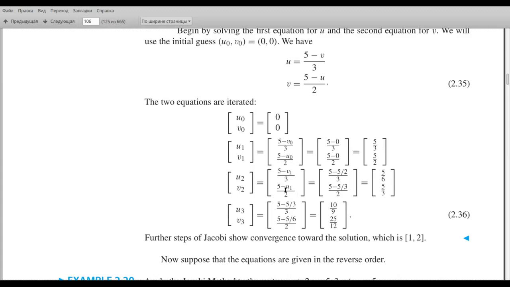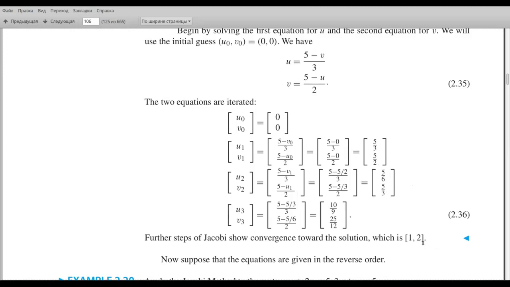Getting this, it gives me 5/6, 5/3. Now I use this as the current approximation, substitute into these formulas, getting 10/9, 25/12.